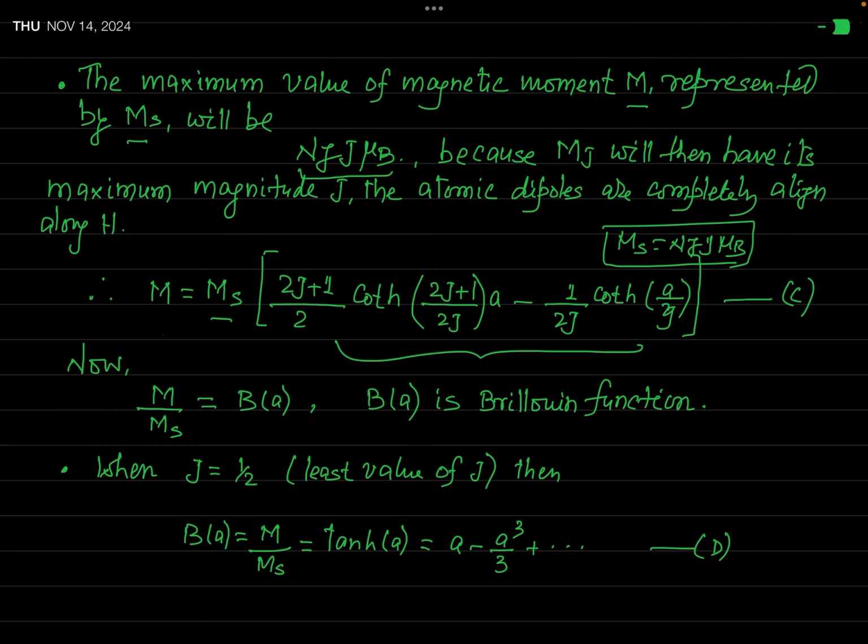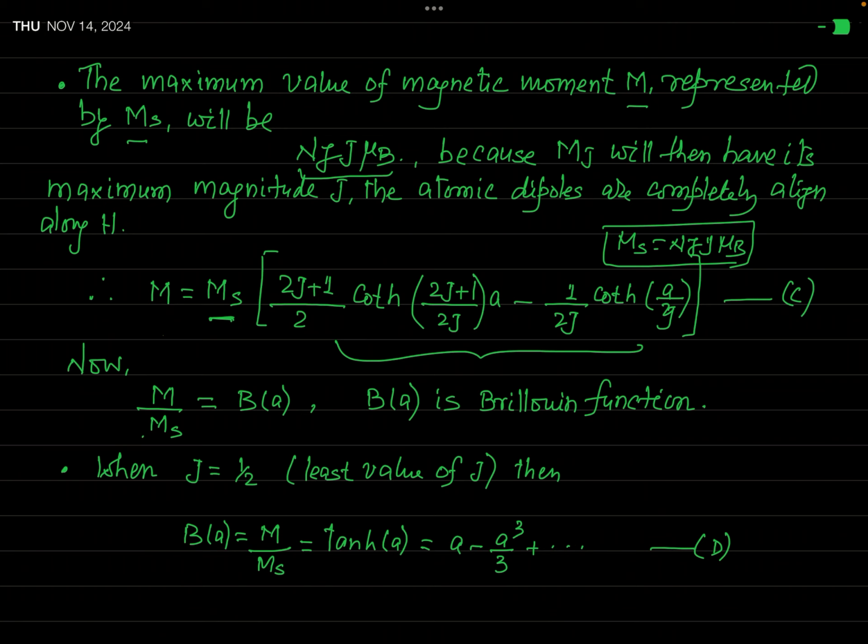After that, if you increase the magnetic field, there will be no increment of magnetic moment, because all the magnetic moments are now aligned along the magnetic field. So after this situation, magnetization becomes constant, and that constant or maximum magnetization is called saturation magnetization, denoted by the symbol Ms. So M in general is now given as Ms times this factor inside this square bracket.